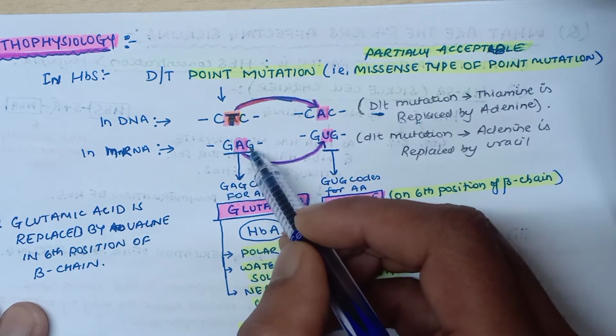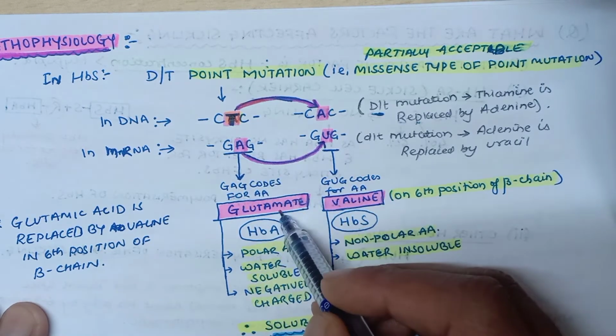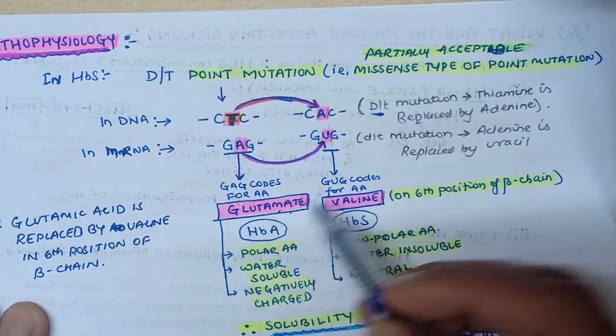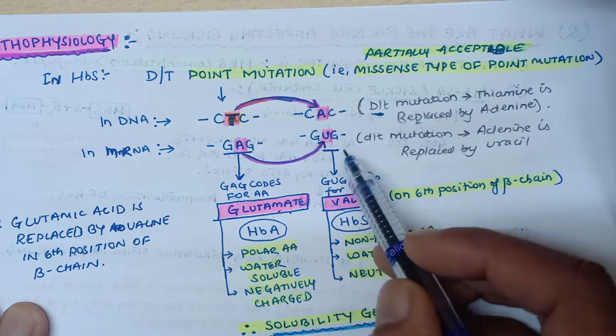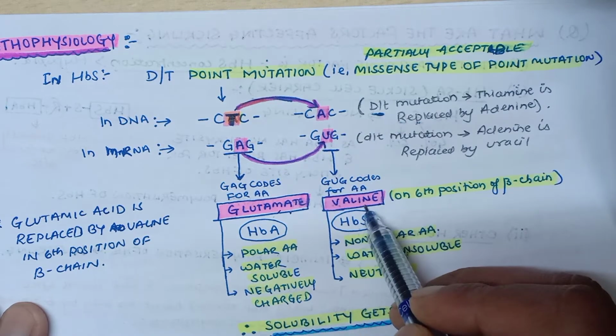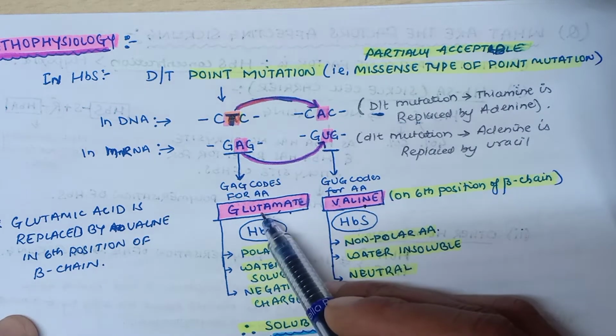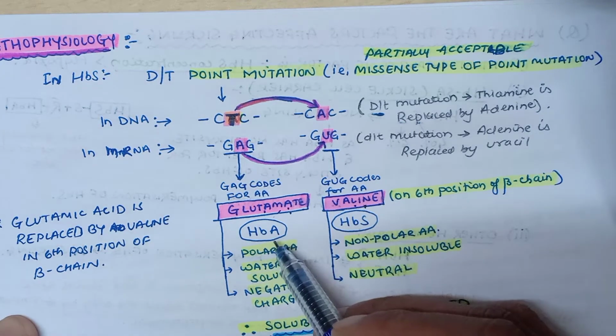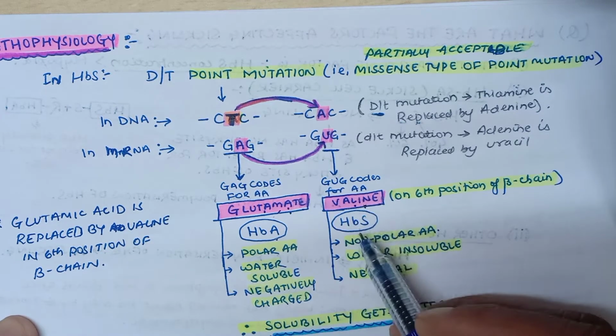GAG encodes for amino acid glutamate, whereas GUG encodes for amino acid valine on the 6th position of beta chain. So the glutamic acid is replaced by valine. Glutamate is HbA and valine is HbS.